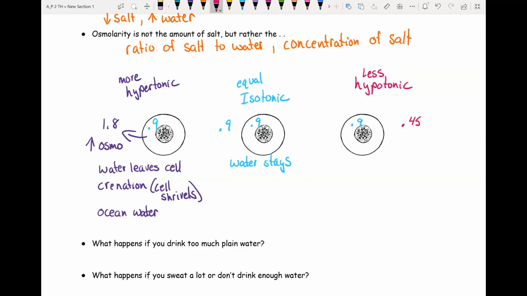So if that is the case, you have a lower osmolarity out here in your extracellular fluid, your blood and your interstitial. That means the inside of the cell is more attractive to water. So water moves into the cell. And this will cause lysis. Your cell will explode.